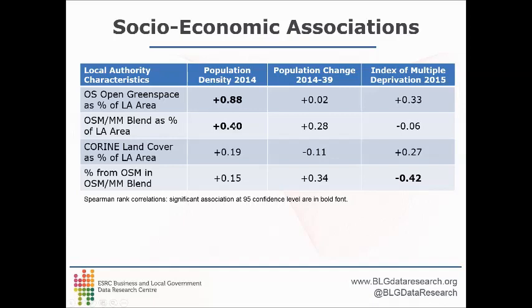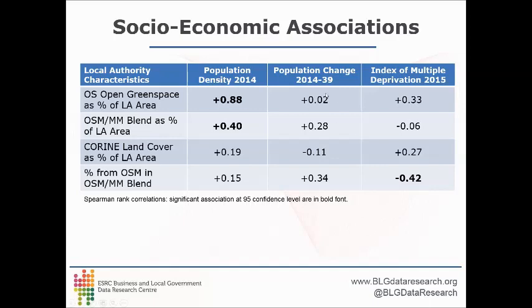Both of the first two databases have quite a strong correlation with population density. There are higher percentages of green space identified in those databases in more urbanized areas. Something like Careen shows a slightly different sort of pattern.